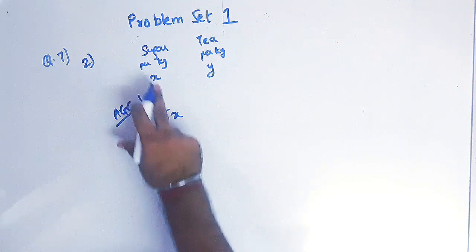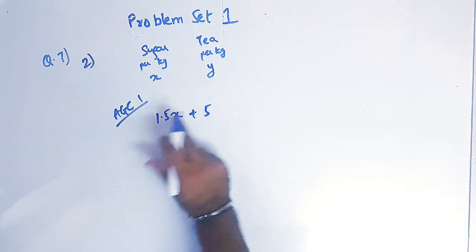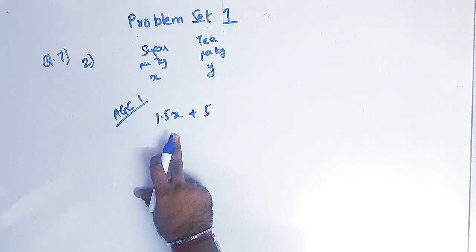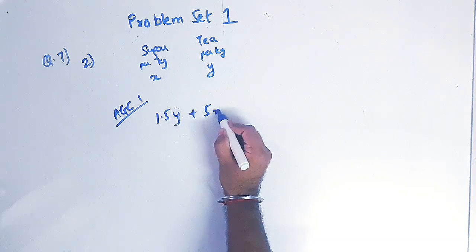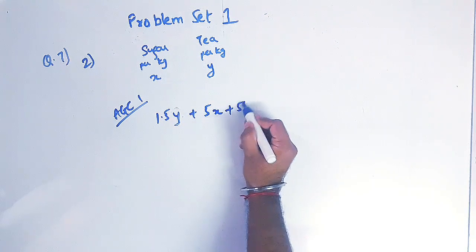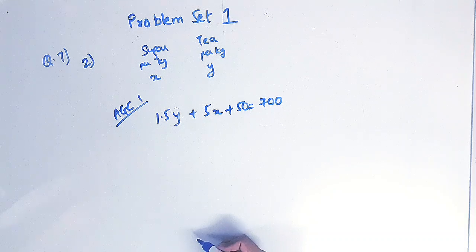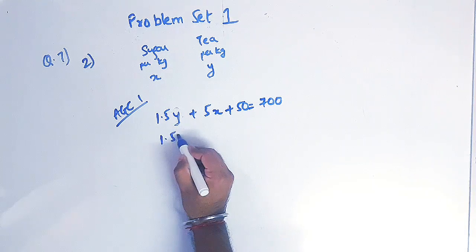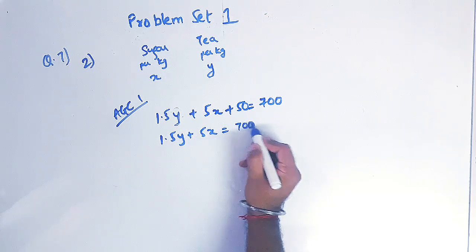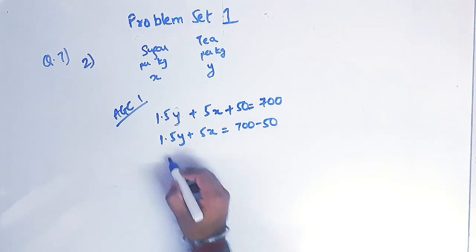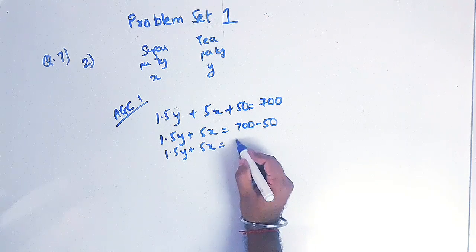She bought 1.5 kg of tea, so I'll write this as 1.5y plus 5 kg of sugar, 5x, plus 50 rupees, which makes up to 700. So 1.5y plus 5x equals 700 minus 50. So 1.5y plus 5x is equal to 650.